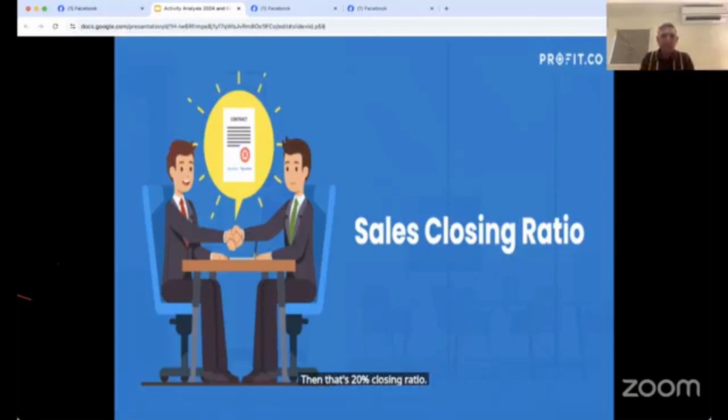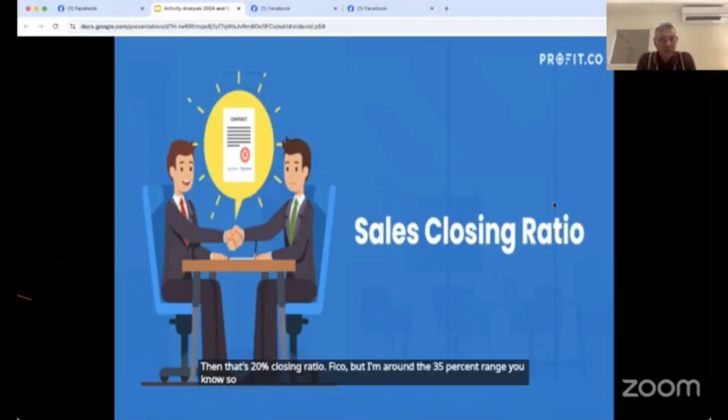I'm around the 35% range, which is hard to match even for those selling luxury in the US. I think the highest they would get is maybe about 40%. Next slide.